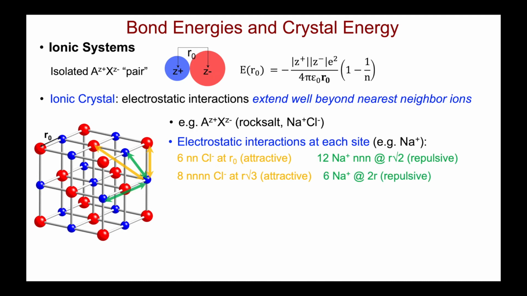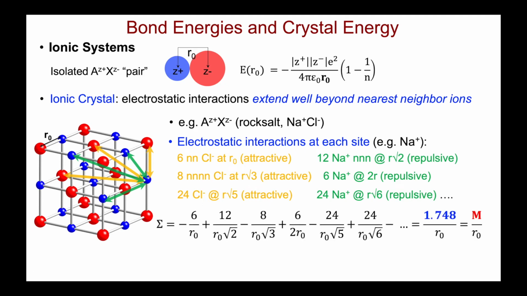As we keep going further away, we will discover more interactions. So at a distance 2R0, we'll find 6 more sodium cations, and those interactions will be repulsive. And then at R0 root 5, there are 24 more chlorine anions, also giving attractive forces. And we can keep on going.